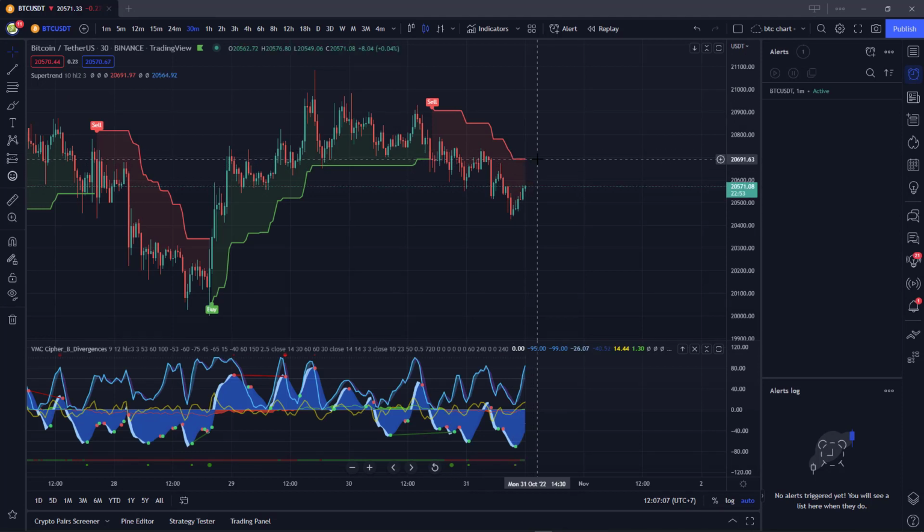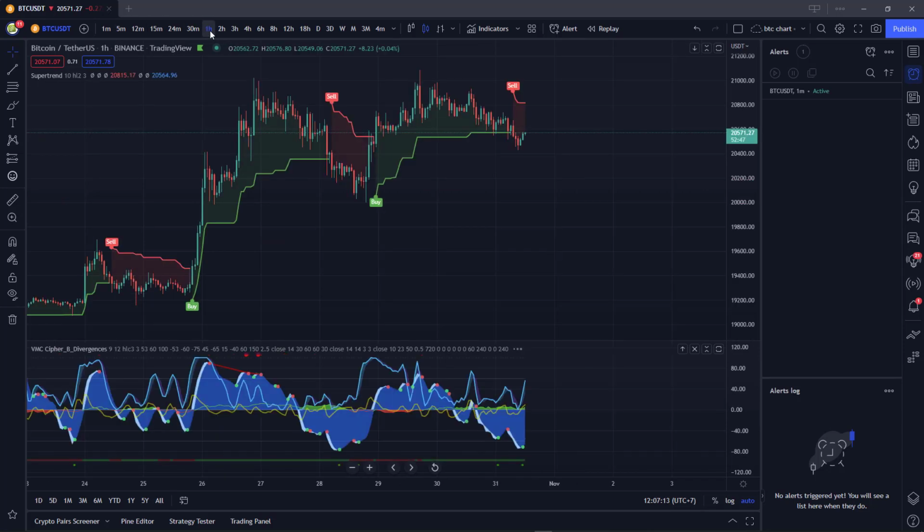No, it's got to get up to 700-ish on the 30-minute. Maybe this one is going to send off a buy alert as soon as it gets above that green line there.